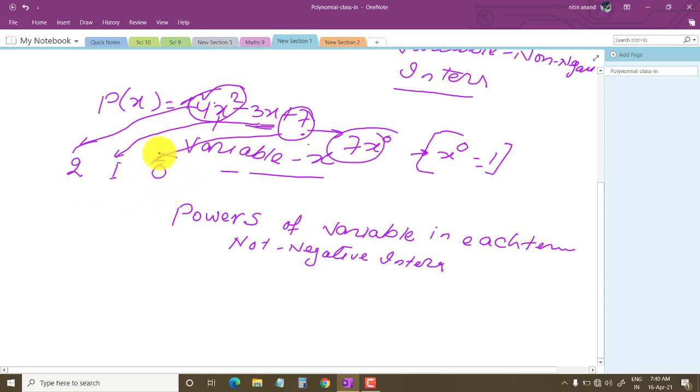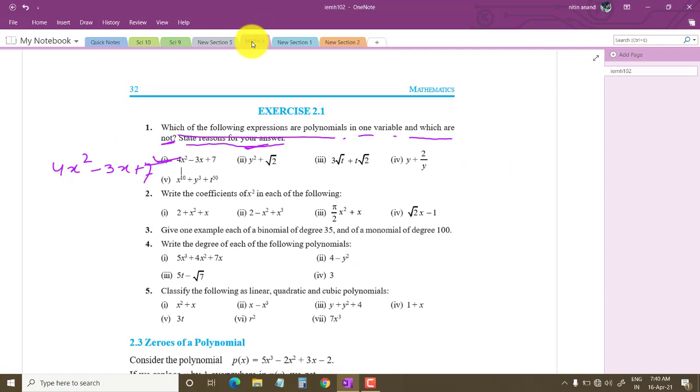Now see, the power of the variable in each term is 2, 1 and 0, and all these numbers are non-negative integers. Therefore this polynomial p(x) equals 4x square minus 3x plus 7 is a polynomial in one variable. The question was which of the following expressions are polynomials in one variable and which are not.